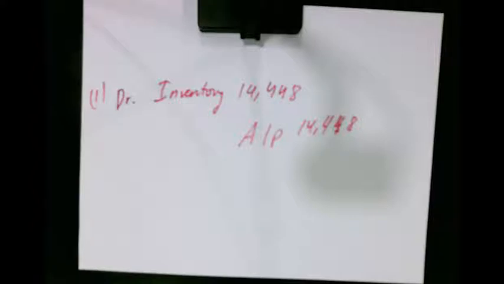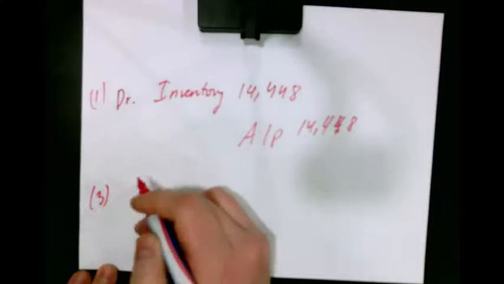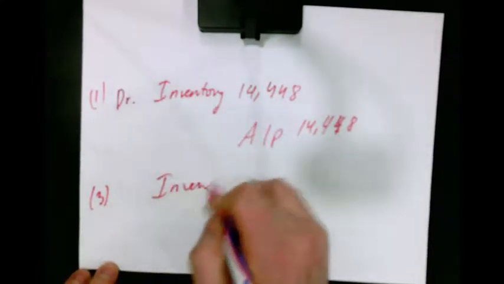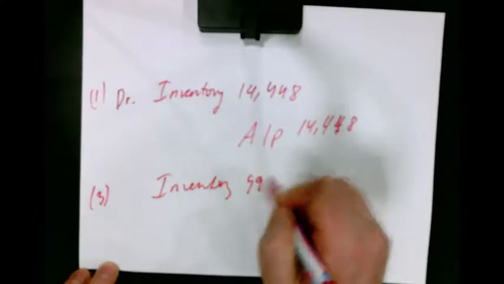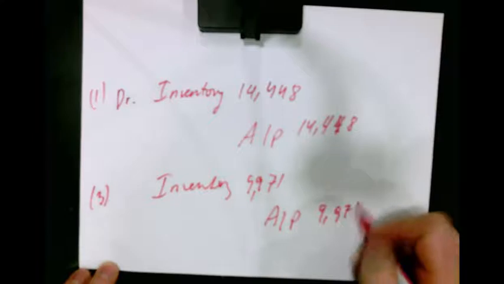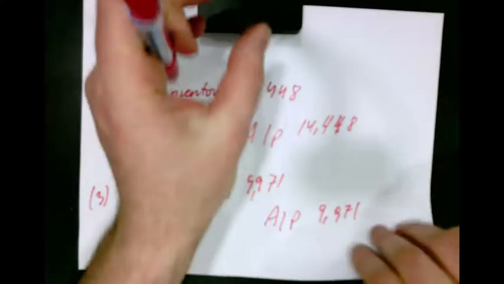So we take 97.51, which is 98% of 99.50, and add the 2.20, and that gives us 99.71 as the total capitalizable cost of inventory. So on October 3rd, we're going to record a debit to inventory of 99.71 and a credit to accounts payable of 99.71. So those are the first two transactions.